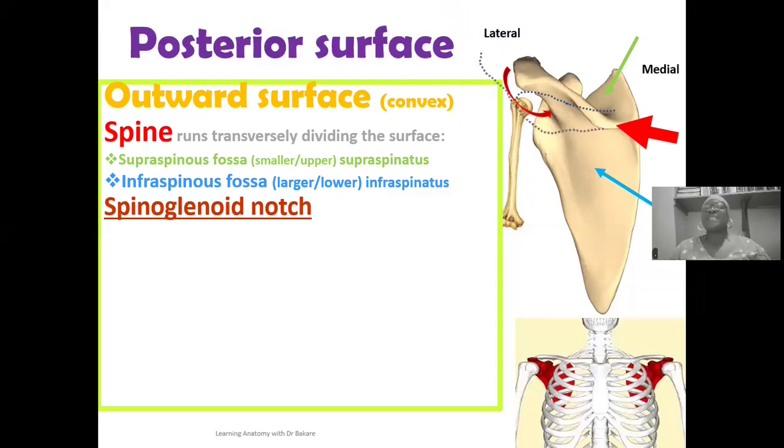Also, this presentation is exhibited by the infraspinatus muscle. The infraspinatus muscle here, highlighted in dotted blue, is also inserted on the greater tubercle of the humerus. Remember our previous slide when we described the subscapularis muscle that is embedded within the subscapular fossa. We say that the fibers of this muscle will finally be inserted on the lesser tubercle of the humerus.